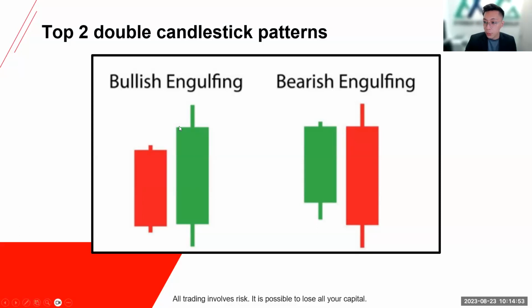So for bullish engulfing, we can see that there is a smaller red candle over here, getting overshadowed by a big bullish candle. Usually how I remember it is that I have different ways of remembering it. For me, I just remember that this is like a child right here, and this is the adult right here.